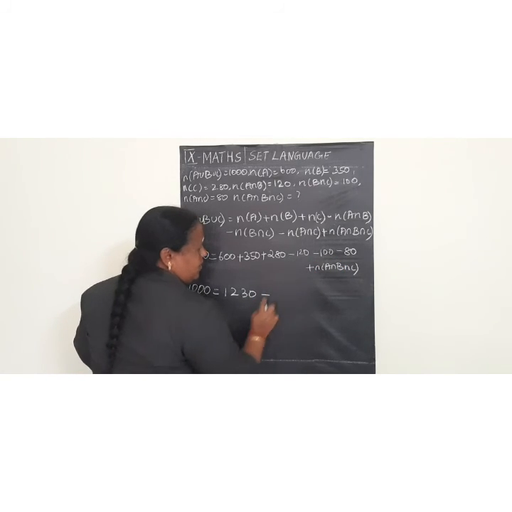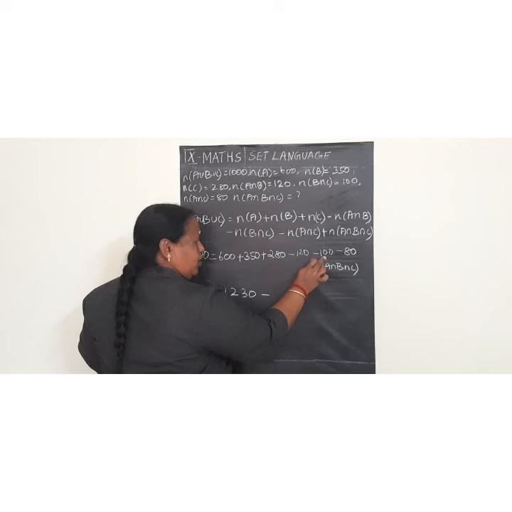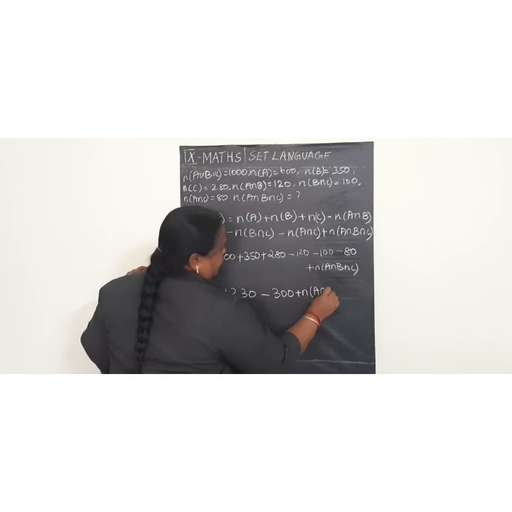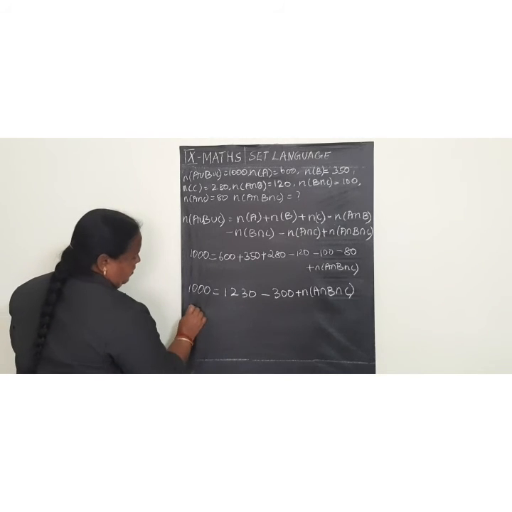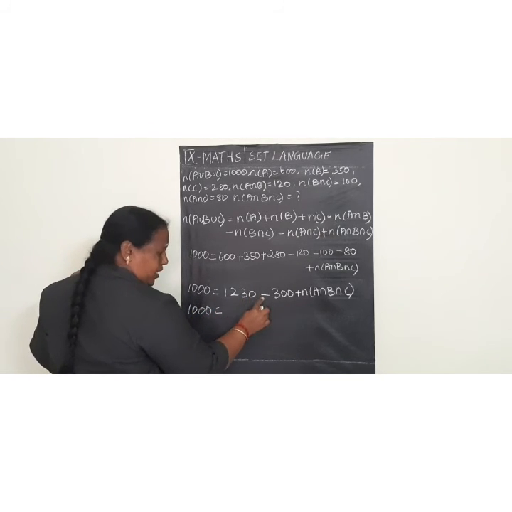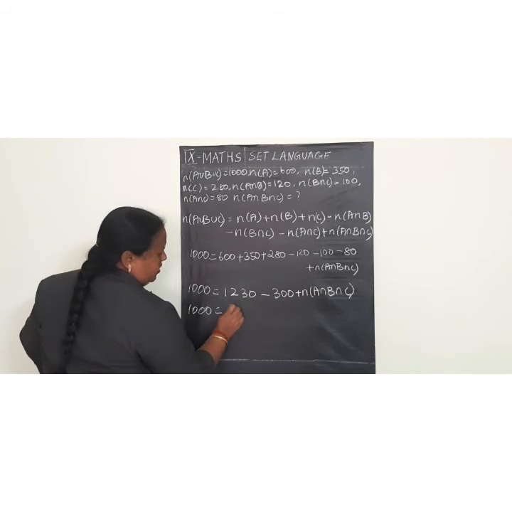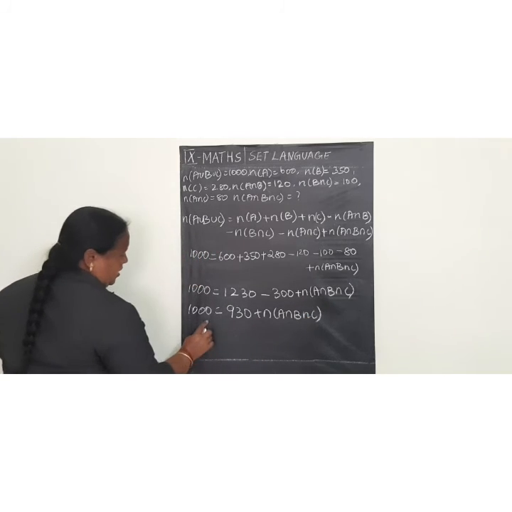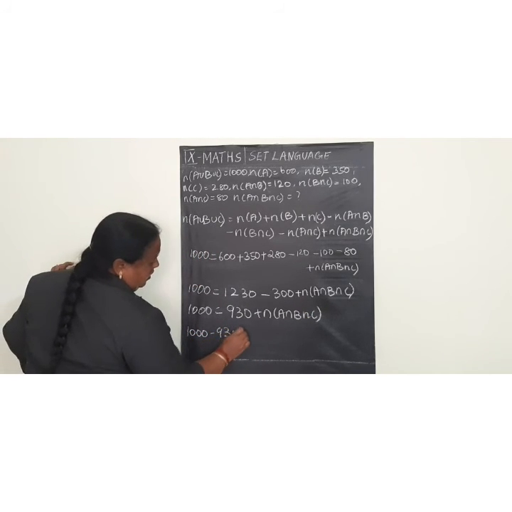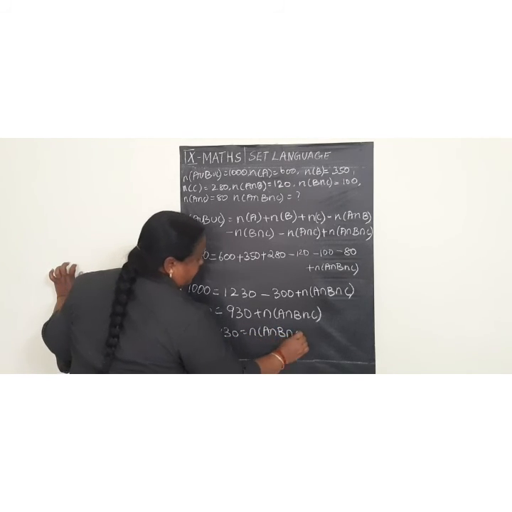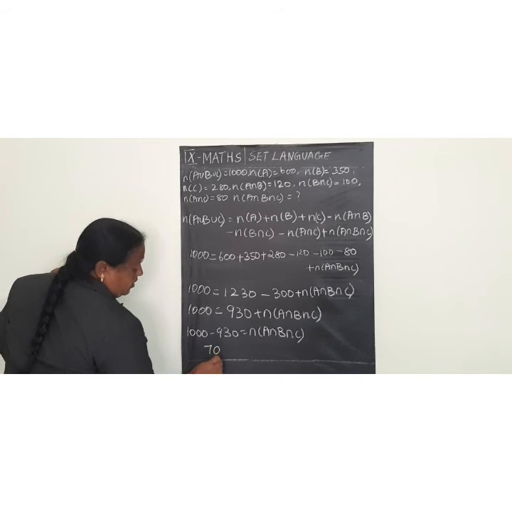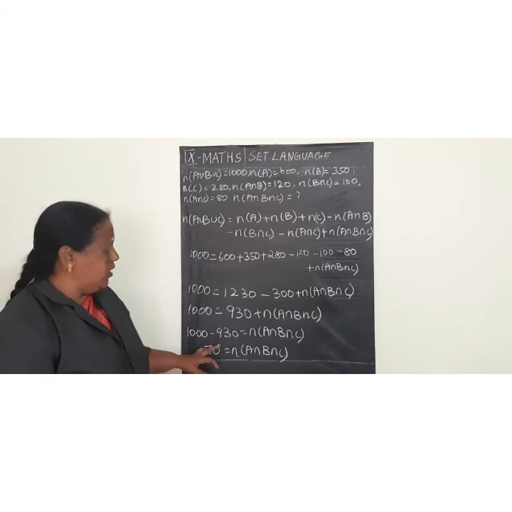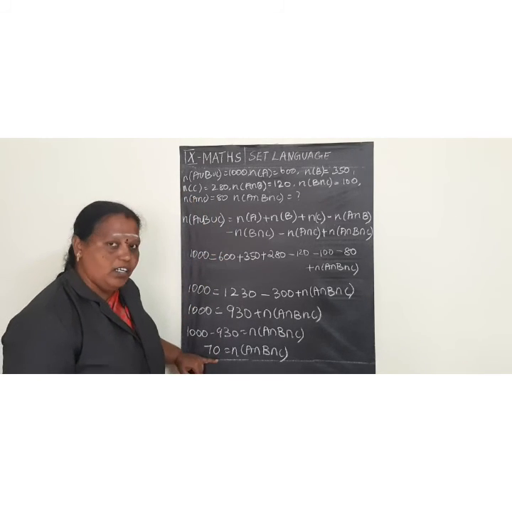Minus 120 minus 100 is 220, 220 minus 80 is 300, so minus 300 plus N of A intersection B intersection C. 1230 minus 300 is 930, so 1000 is equal to 930 plus N of A intersection B intersection C. Bring this 930 to this side: 1000 minus 930 is 70, which is N of A intersection B intersection C. So 70 farmers grow all three: paddy, ragi and corn.